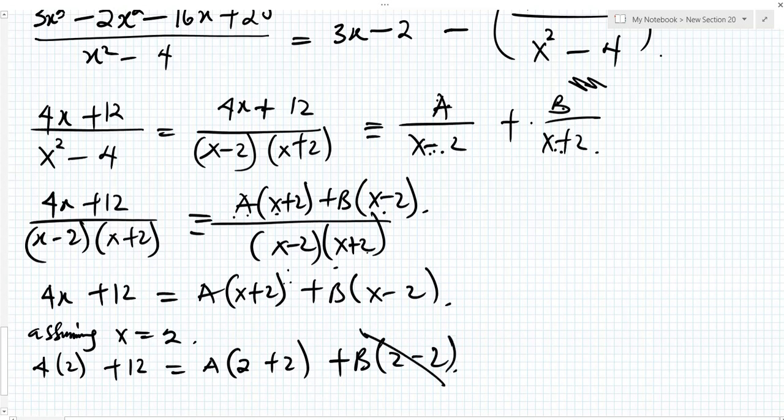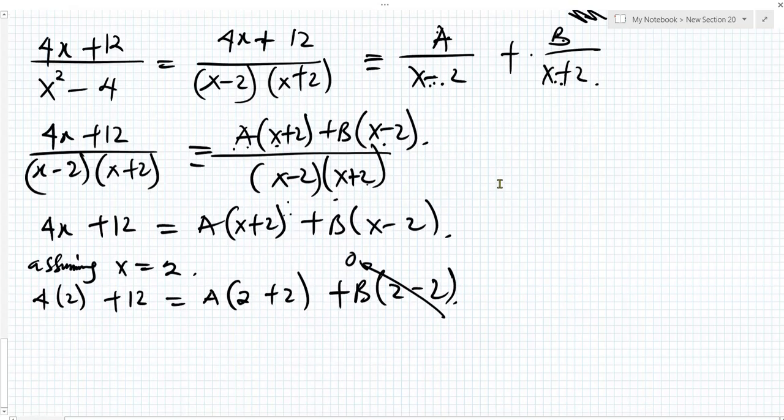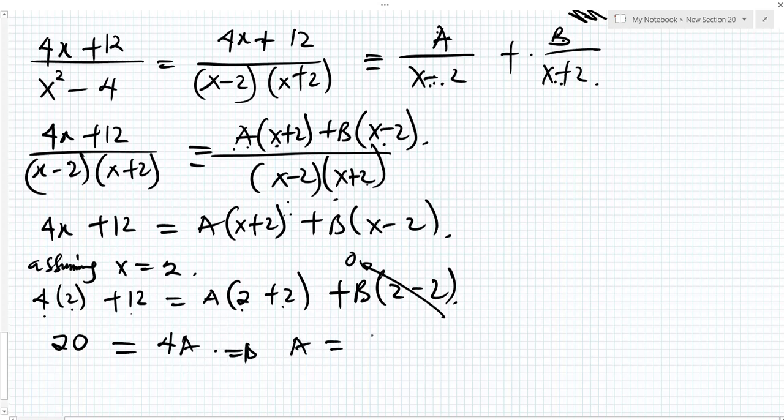So this will be 0. 4 times 2 is 8 plus 12 is 20. 2 plus 2 is 4a. Which implies that a is equal to 5.